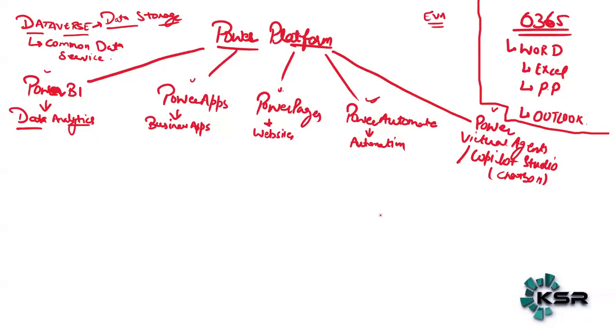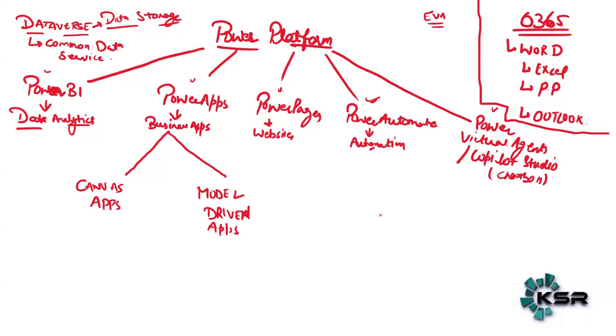So now let's go one more level deep, how these products are further divided. Power Apps are further divided into two categories. First thing first, Canvas apps. Then you have model-driven apps. Very good. Okay. Then Power Pages is fine.